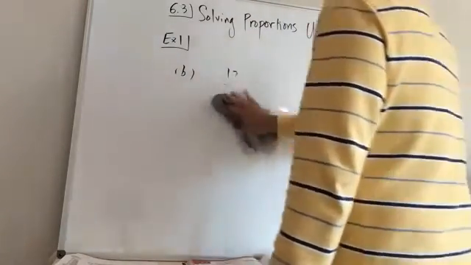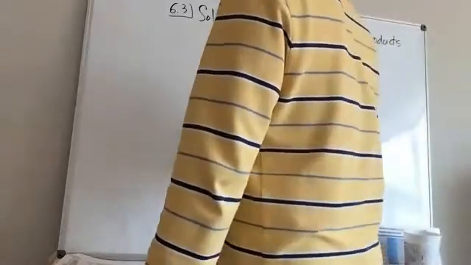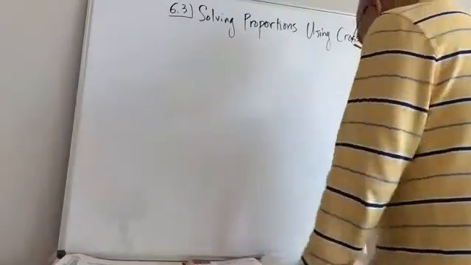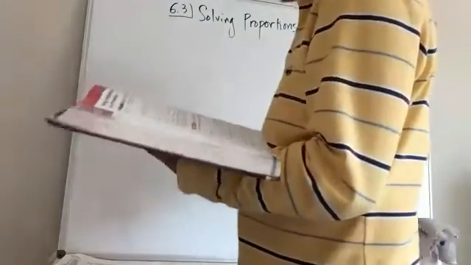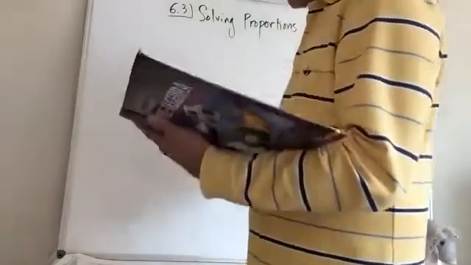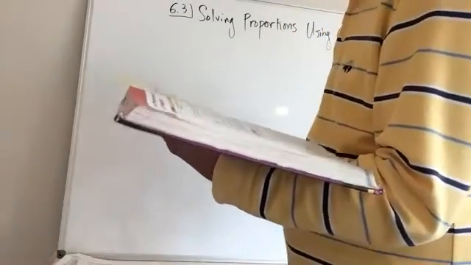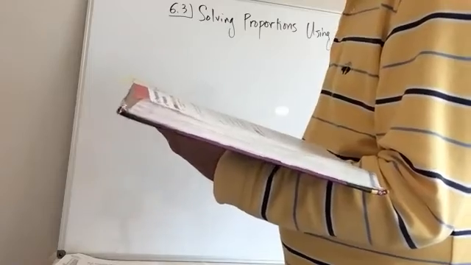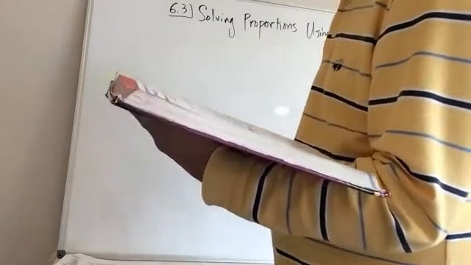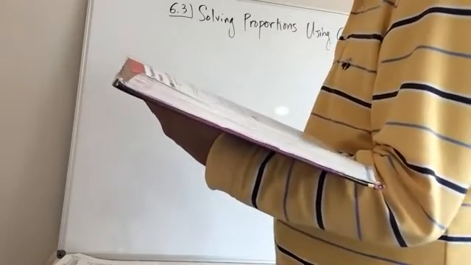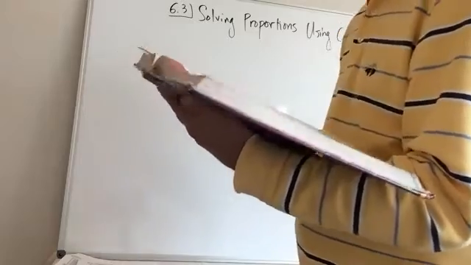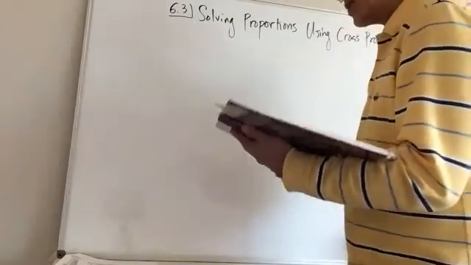All right, so let's go ahead and move on to page 293. Page 293, it says the cross products property. The cross products of a proportion are equal. Okay, that's what it means, okay? Given that 2/5 is equal to 6/15, if you do the cross multiplication, they're both 30, okay?